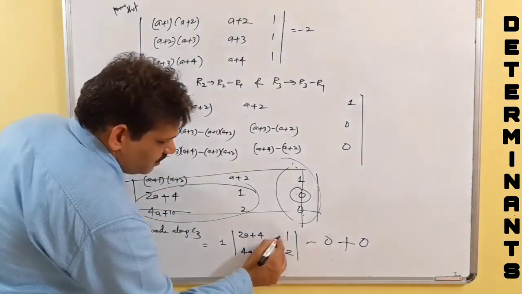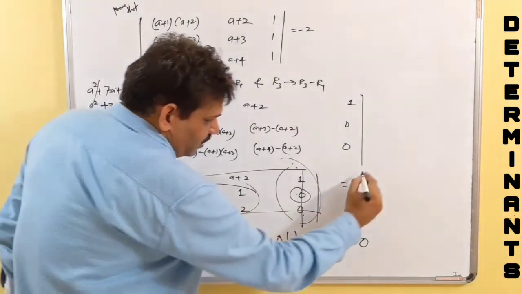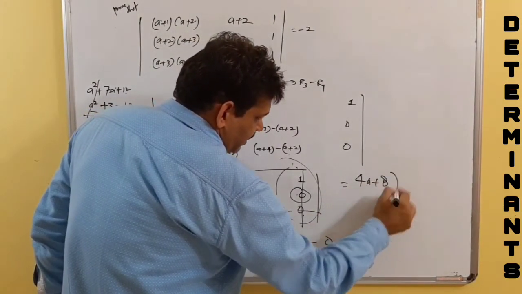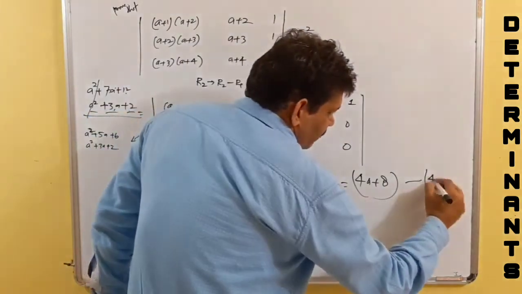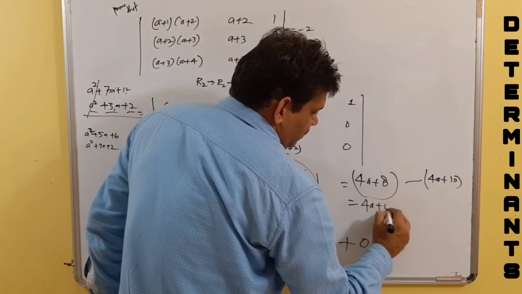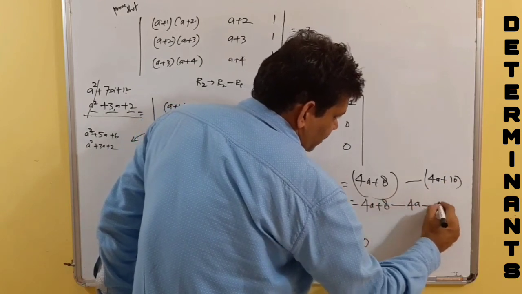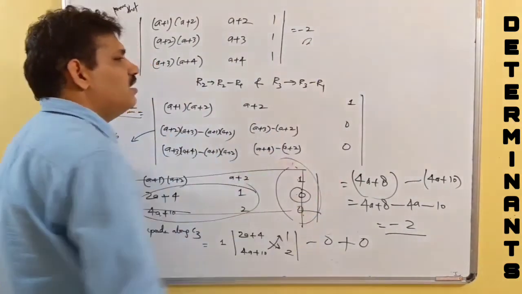So this into this minus this into this is giving me 4a plus 8 minus 4a plus 10, that is 4a plus 8 minus 4a minus 10, which gives me minus 2. So minus 2 is the answer.